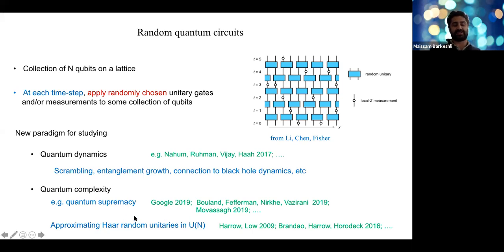So actually, this subject kind of goes back even before many of these papers, because early on, quantum information theorists were interested in how you can approximate Haar random unitaries in the unitary group, over some large number of qubits, in terms of random unitaries on some small number of qubits, like 2 or 3 qubits or whatever. So that's kind of where this subject maybe originally came from, as far as I understand.